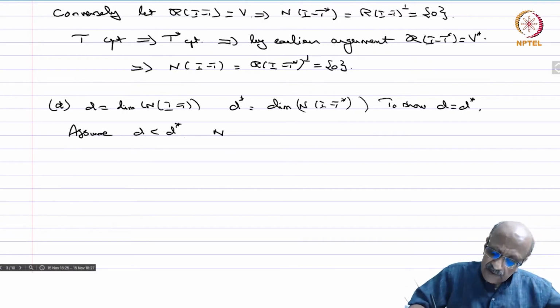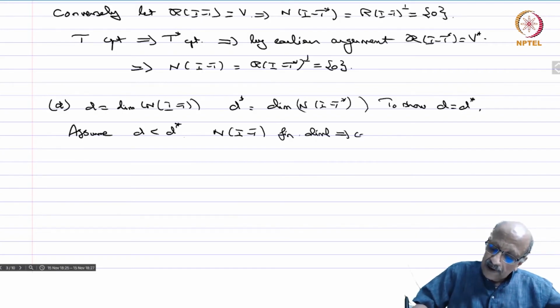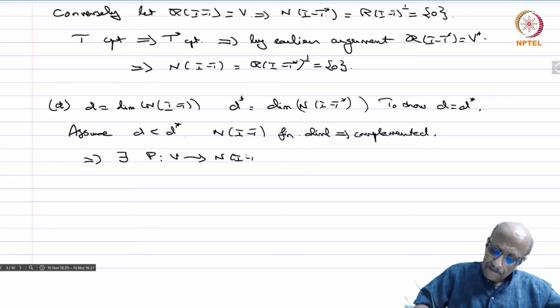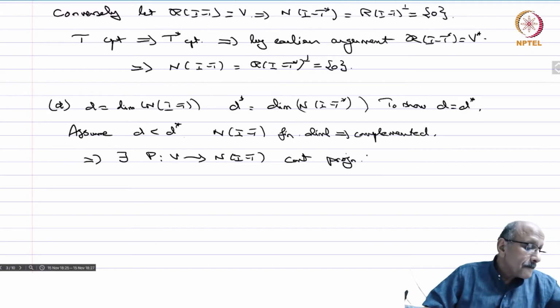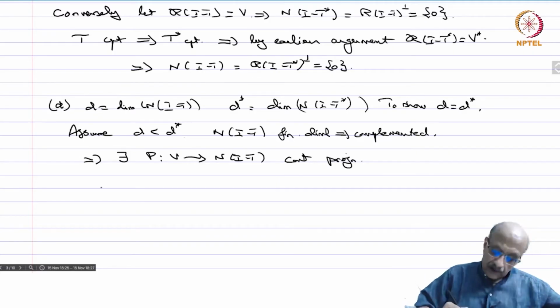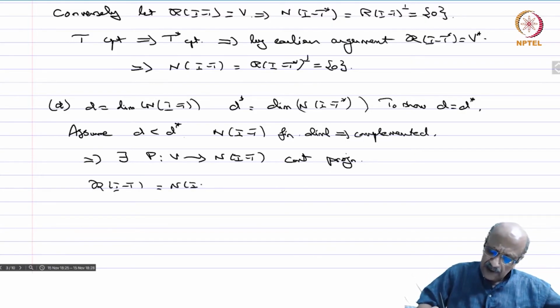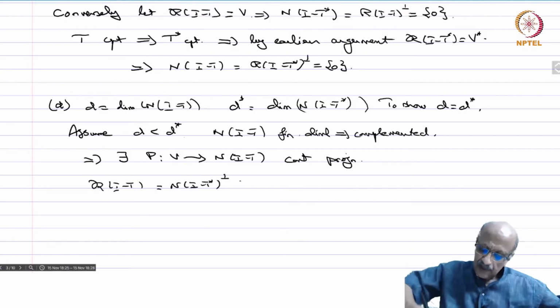So the null space of I minus T is finite dimensional, which implies complemented, which implies there exists a continuous projection P from V onto the null space of I minus T. Now the range of I minus T is the null space of I minus T star perp.